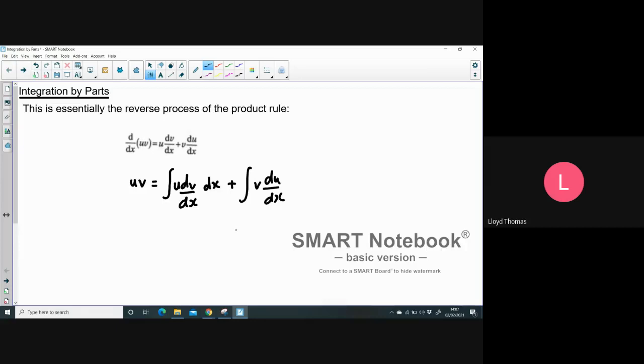What I end up with here is a complicated-looking expression, but if I rearrange this slightly, let's pick this first integral here.